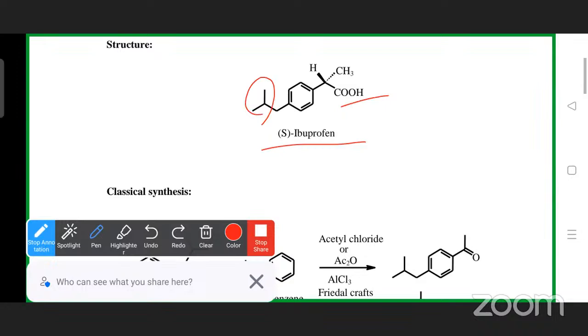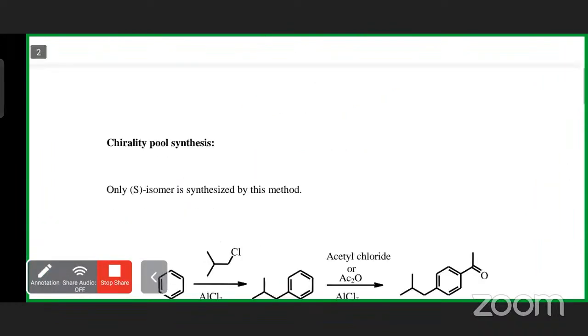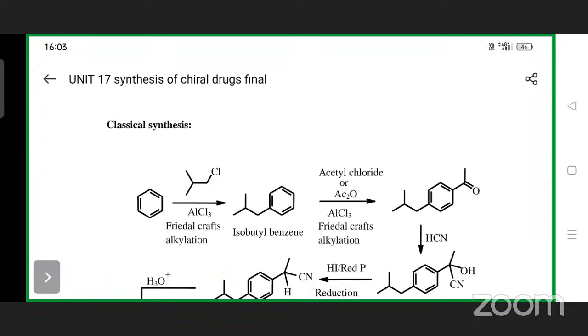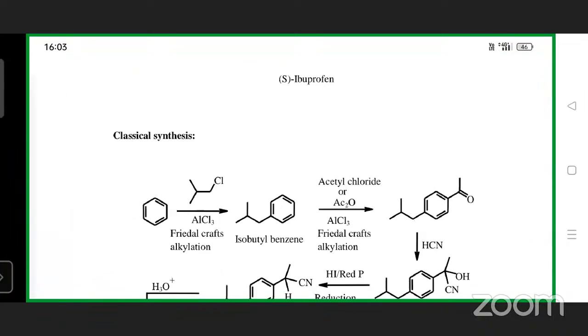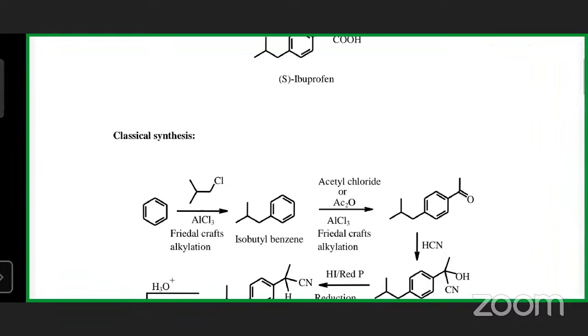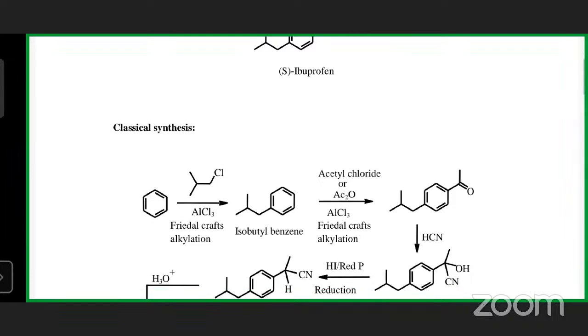The synthesis can be done by two methods. One is the classical synthesis. The classical synthesis is nothing but the regular synthesis, the traditional conventional method to synthesize this ibuprofen.